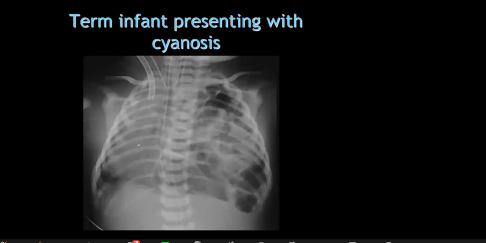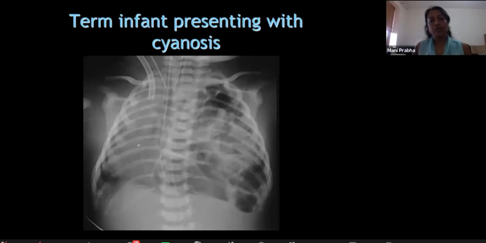The striking abnormality is gas-filled, what appear to be bowel loops within the left hemithorax, causing rightwards mediastinal shift and extensive compression of the normal thoracic structures. And the appearances are consistent with a large congenital diaphragmatic hernia. Any differential you would like to keep in such cases with this kind of appearance?